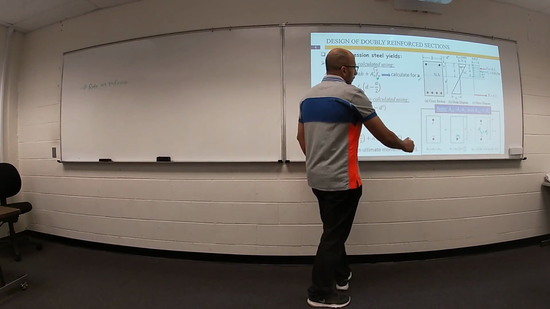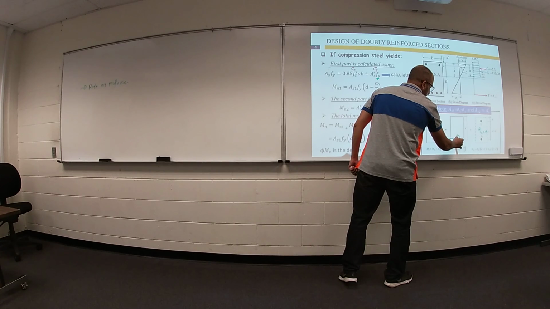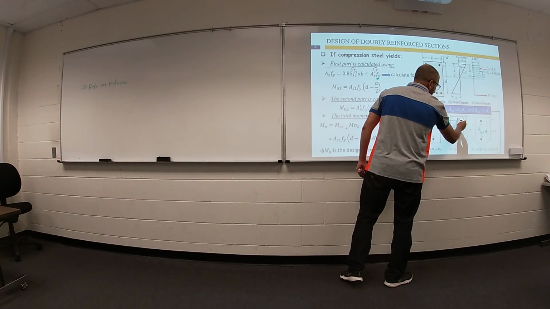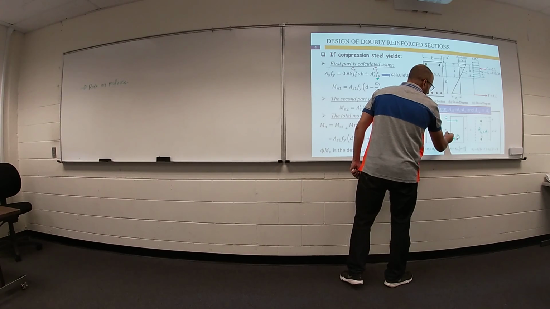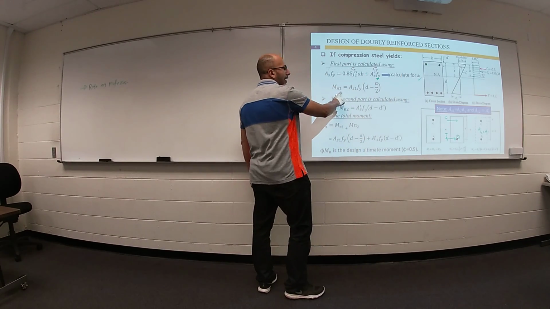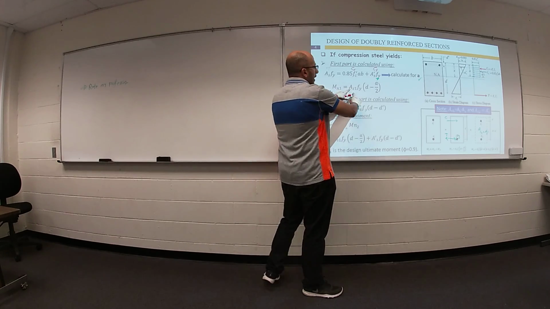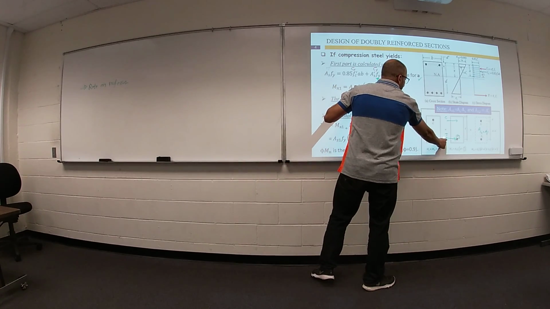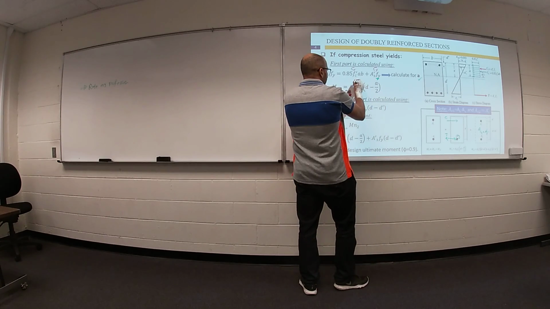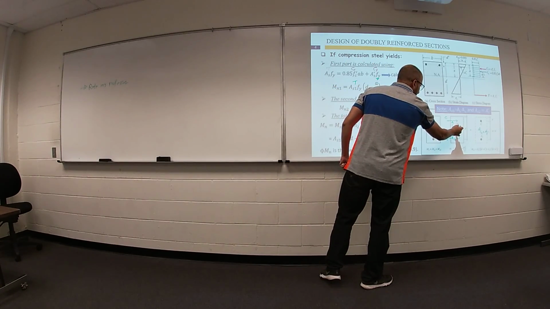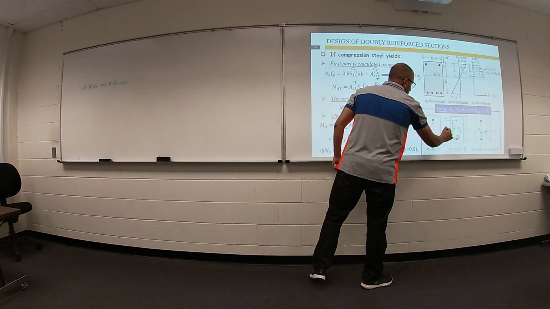Your force in area steel 1 and force in concrete make Mn1, the nominal moment for the first part, equal to area steel 1 times Fy, which is T, times the distance in between. This distance equals d minus a over 2.